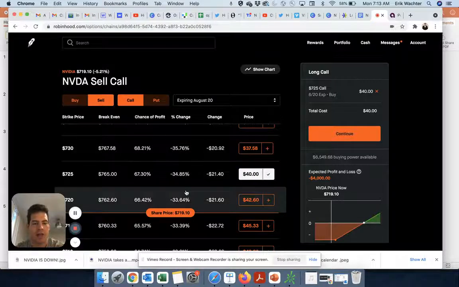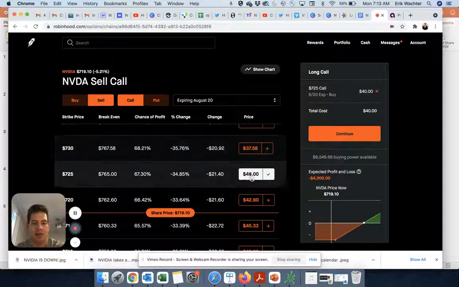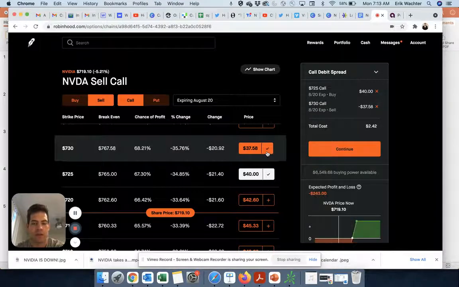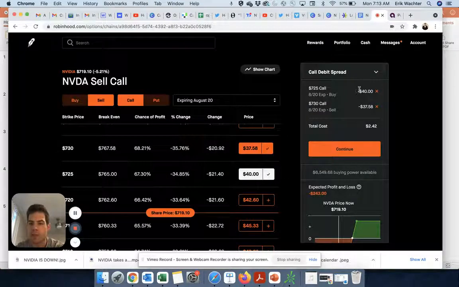And what was the criteria? It's got to be less value than the call you bought. So let's do the 730. You see the value of the call we're long, minus, and even Robinhood shows you, the call we sold. And look at our total. That's a debit.